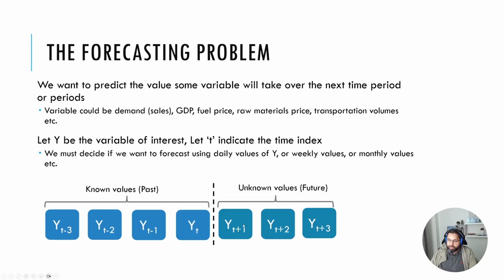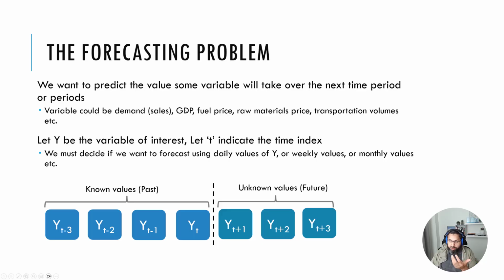So November will be YT plus 1 or Y of 11, December will be YT plus 2 or Y of 12, and then January the next year will be Y of T plus 3 or Y of 13. So that's the general problem where you have a series of values over time, and they stop at a certain point in time, like YT here, and then you have to forecast what's going to happen after that time with this series of values.